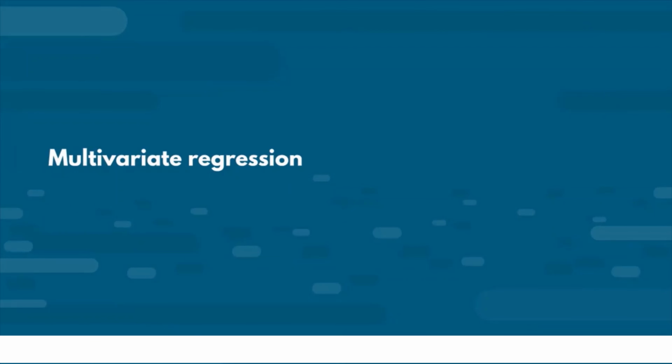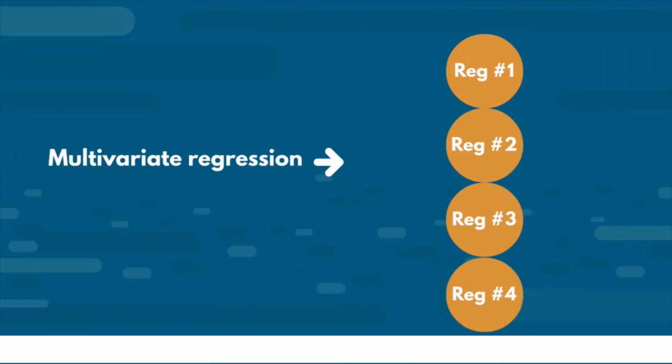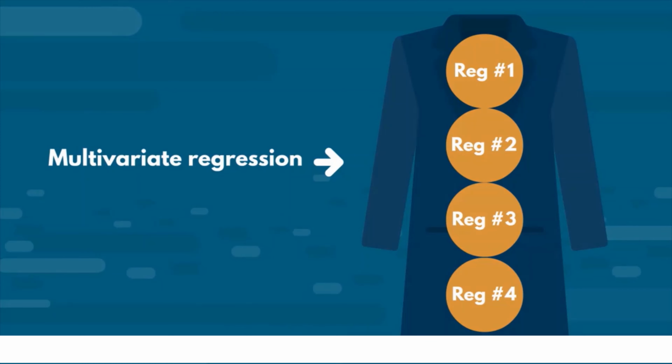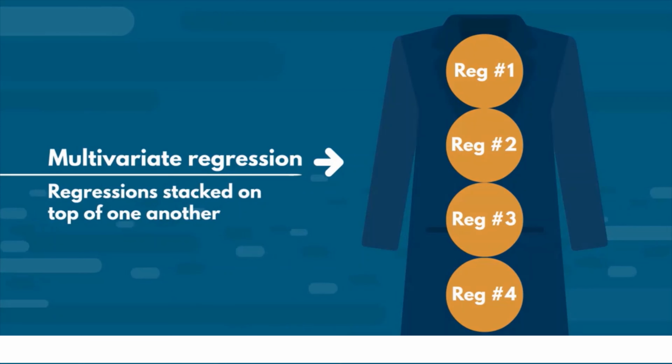A multivariate regression is just several regressions in a trench coat. In other words, we have regressions stacked on top of one another, one for each time series we're including. For example, if we have a data set with 4 time series, a multivariate regression will fit a model for each one and include all of them in the regression.